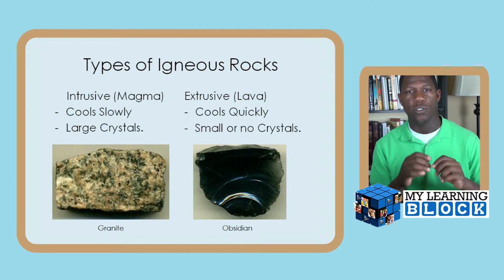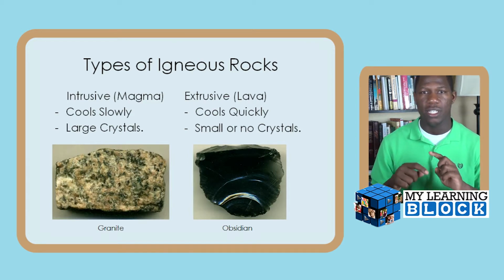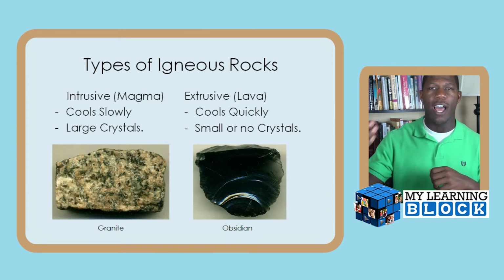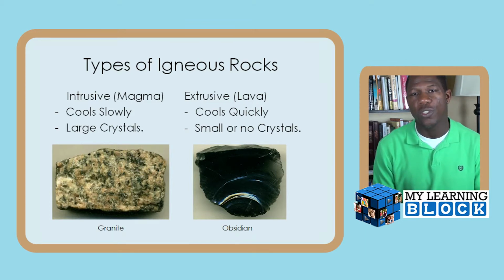And you can see the crystals. You can see all the different colors and dots on it. Now, on the opposite side, you have an extrusive. Again, it's exiting the earth, and it's formed in lava. It generally forms because it cools really quickly.